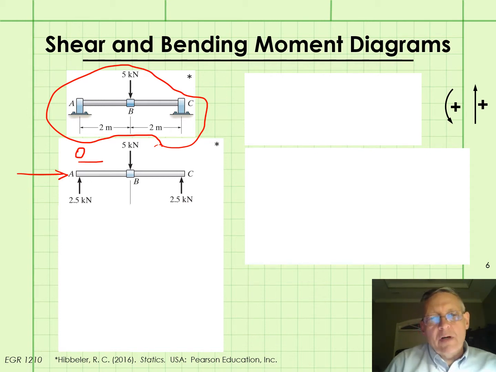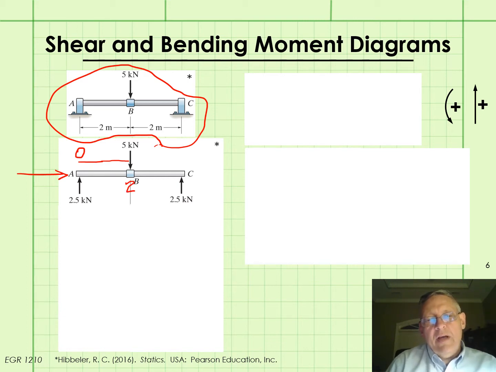So as we work our way towards the right, we come to this concentrated force, the 5 kilonewtons, and a discontinuity will occur there at x equals 2.